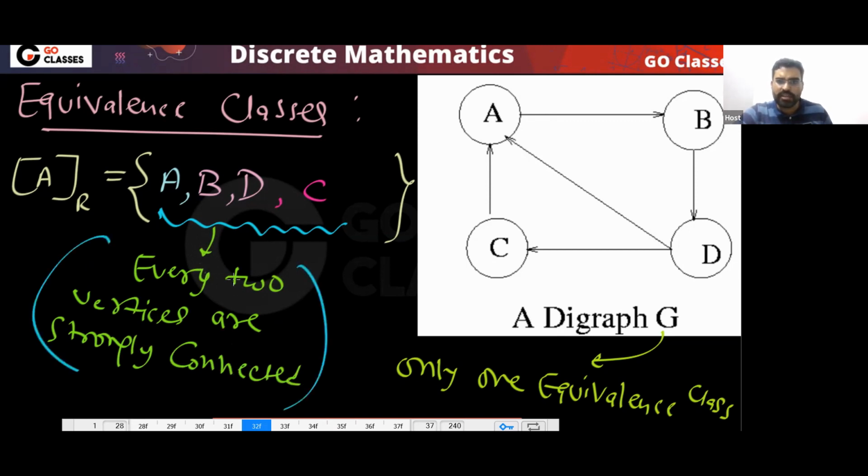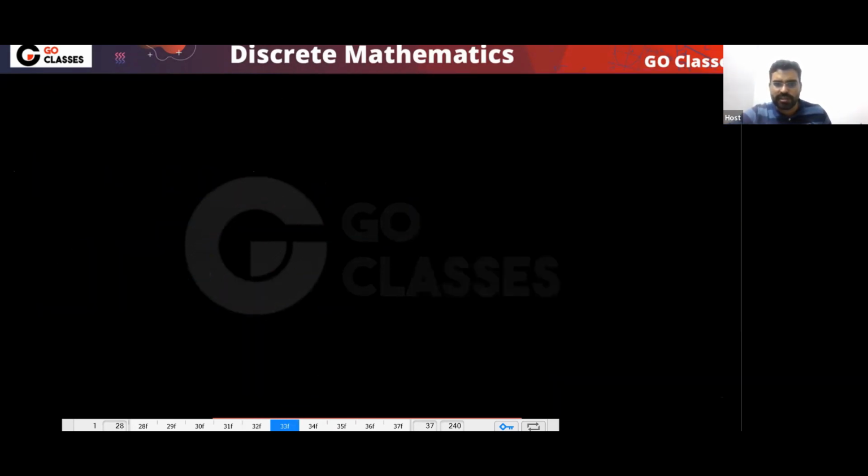Whatever two vertices you take, those two vertices are strongly connected. So this is a strongly connected graph, because every two vertices are strongly connected.